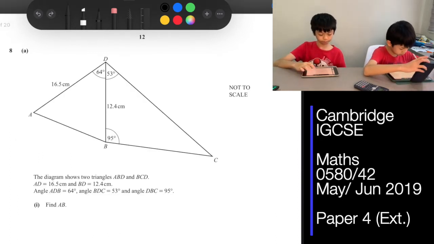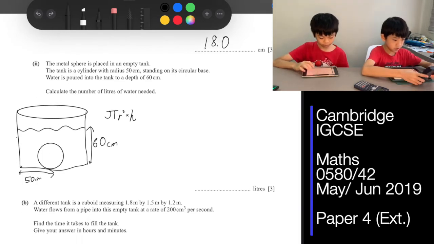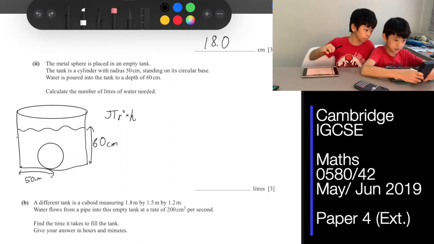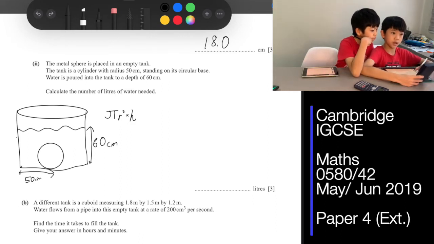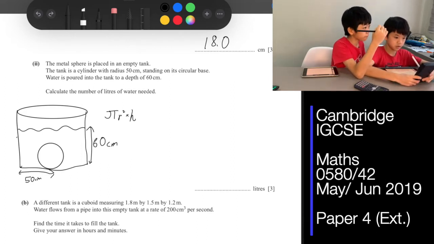So that would be pi r squared, which is pi times 50 squared times h, which is 60. That would be 471,238.898.